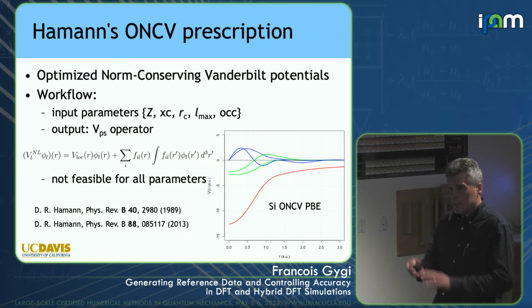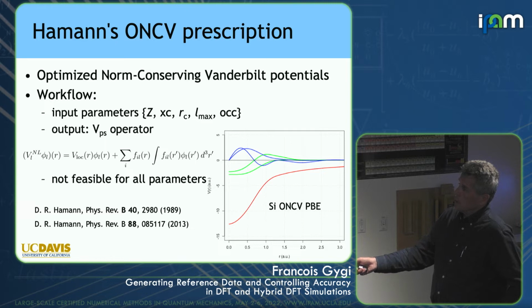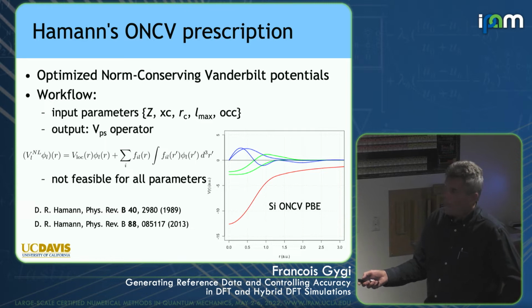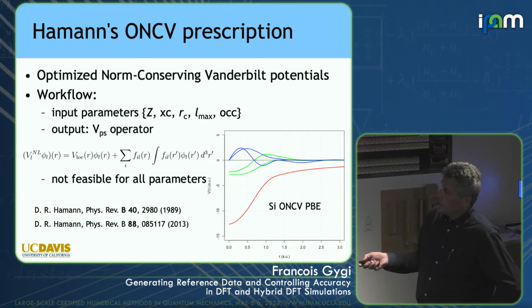Let's just look at it as maybe a black box that would take these input parameters that I described before and gives you a potential operator, which has this form with these projectors, keeping in mind that that doesn't work for all choices of parameters. This is an example for silicon. The local potential, the same that acts on all angular momenta, is this shape here. And those are the projector functions that come in addition.